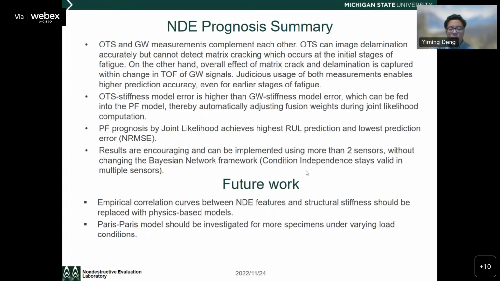Okay, so here comes the summary of the NDE prognosis. We find that the methods complement each other. We can also realize real-time, inline or in situ NDE measurement to make this a monitoring technique for damage growth under fatigue for composites.